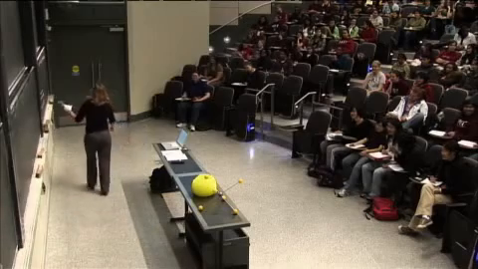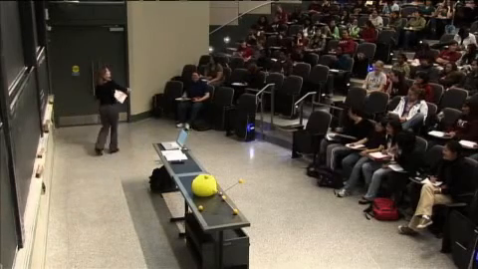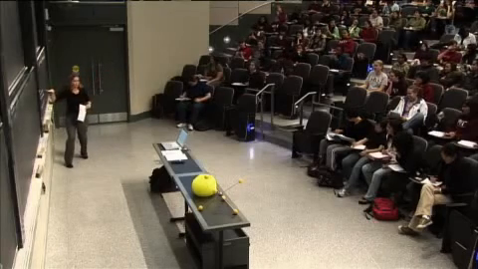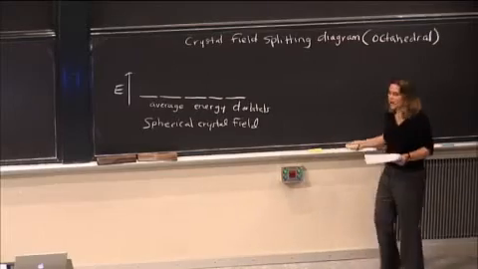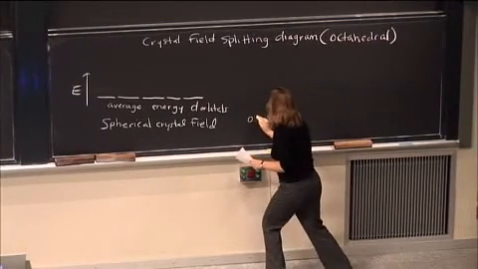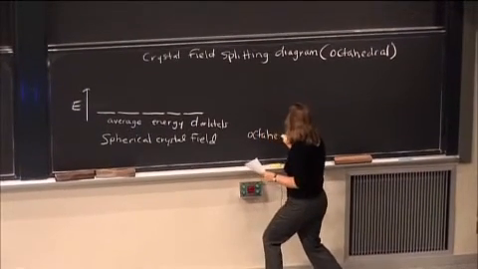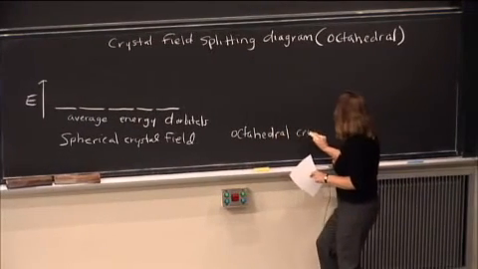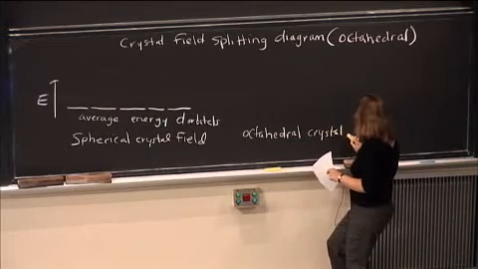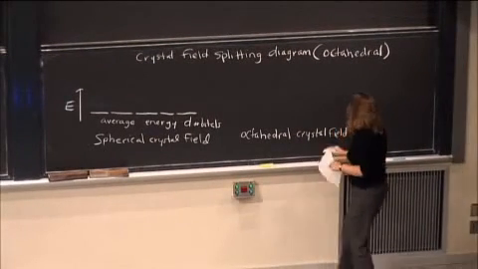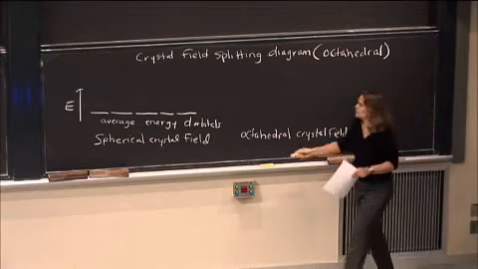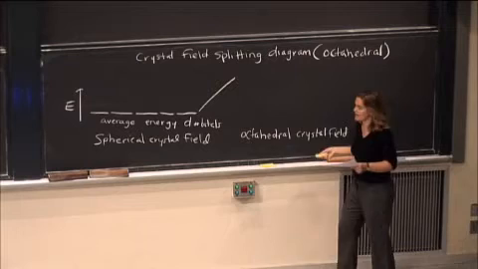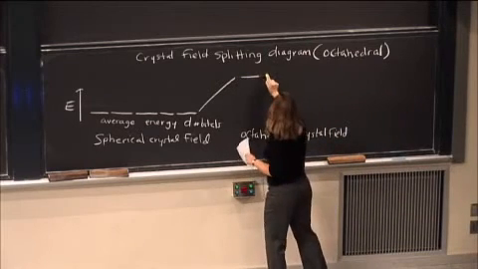Okay, so in that case where the ligands are uniform all around, the energy is the same. But now, if we have an octahedral crystal field over here, then we get some splitting. So some of our orbitals are going to be destabilized, and they'll be higher in energy here.